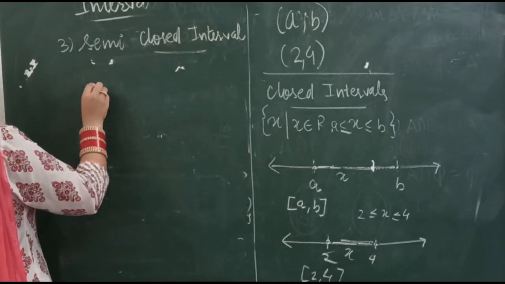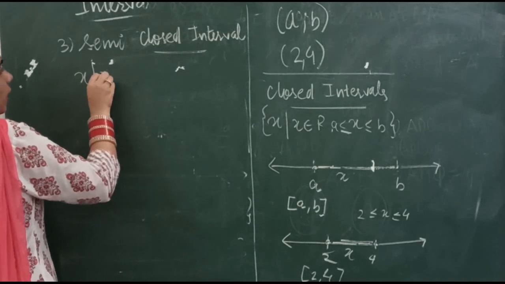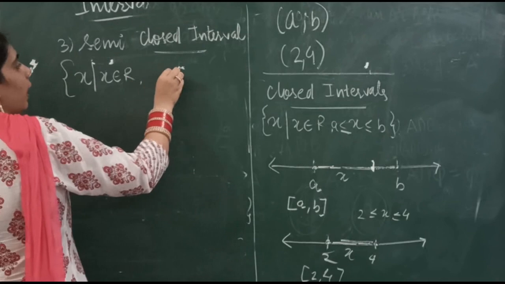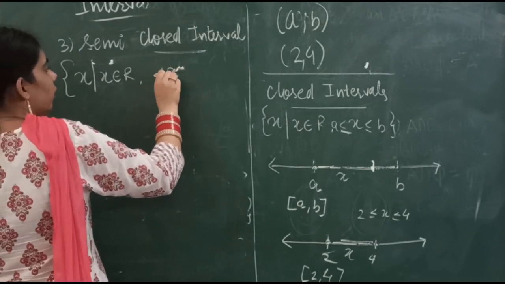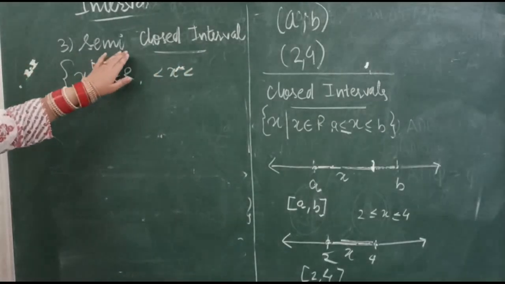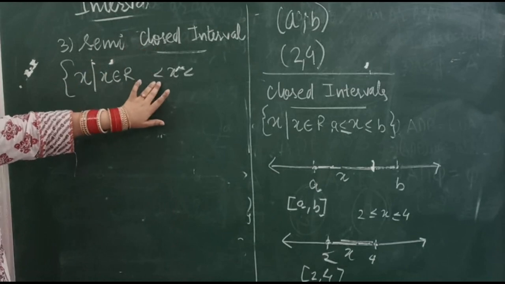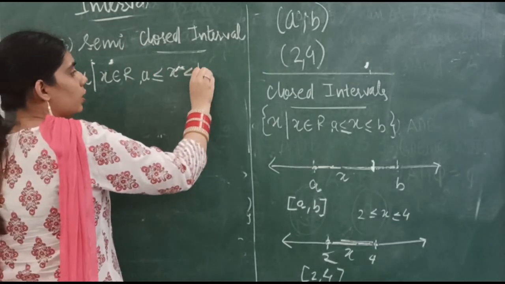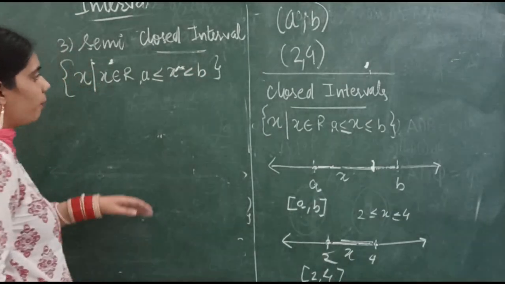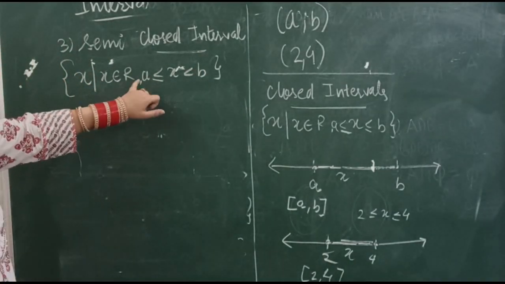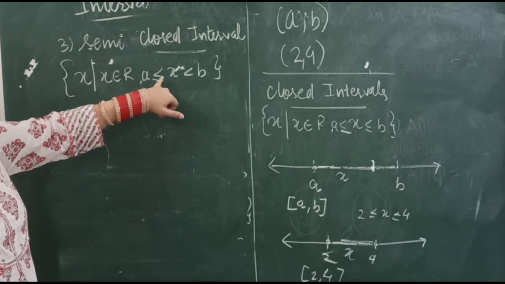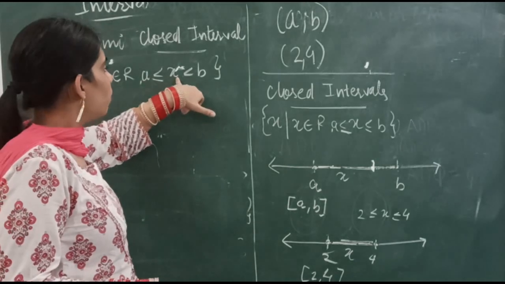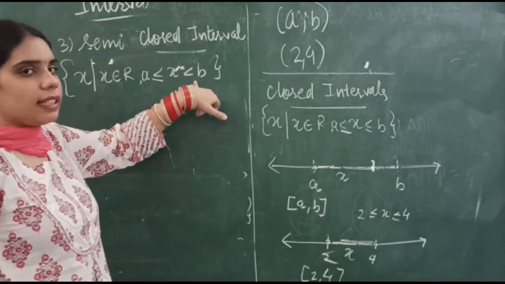So I am saying x such that x belongs to real numbers, and x is semi-closed. It means it will be closed at the first number but open at the second. For the first number, that is a, x will be greater than or equal to a, but x will be strictly less than b.